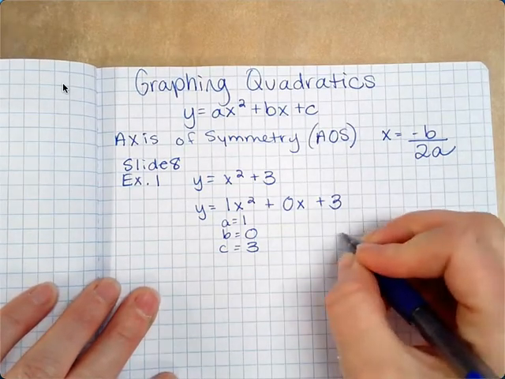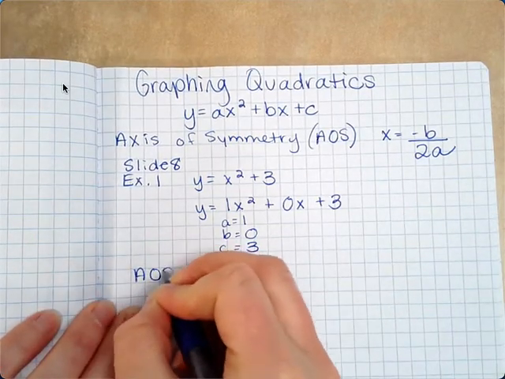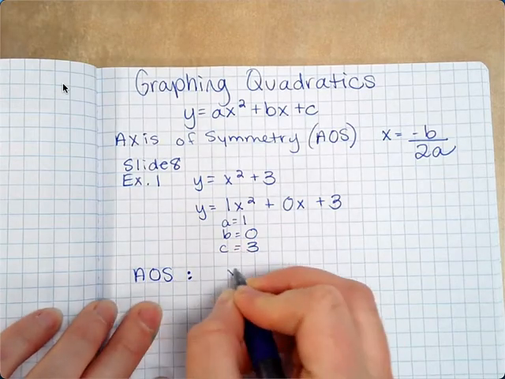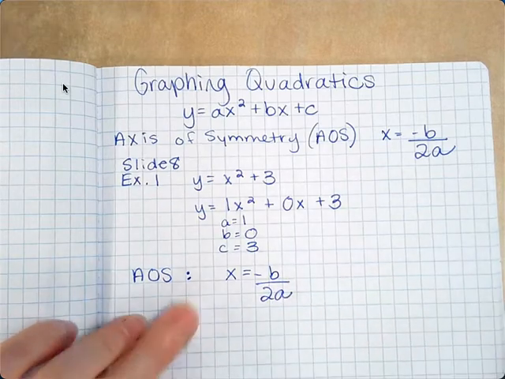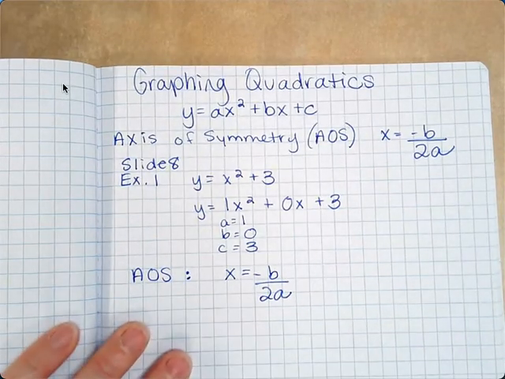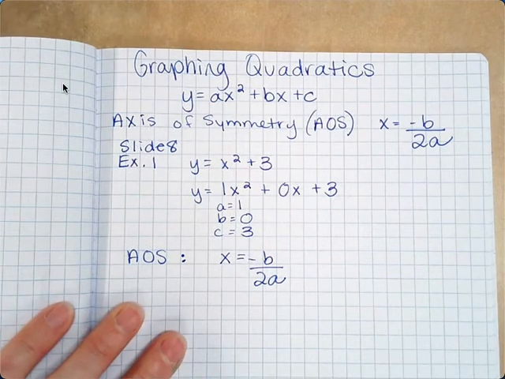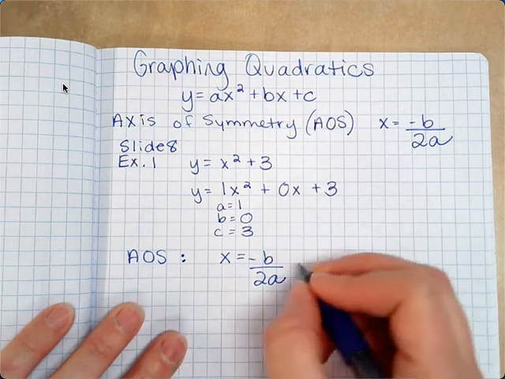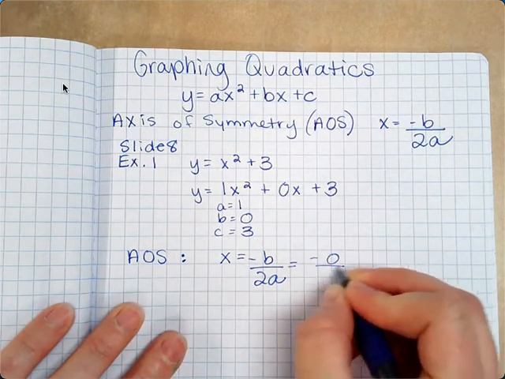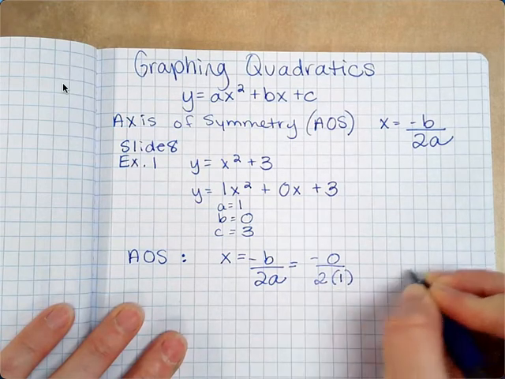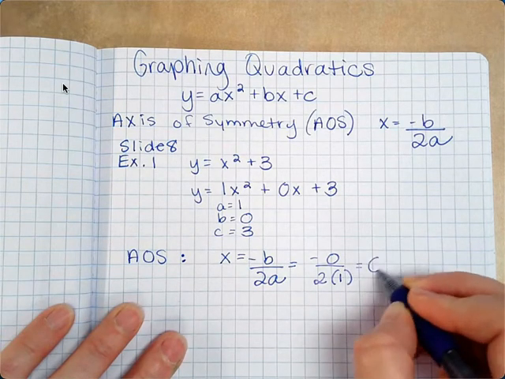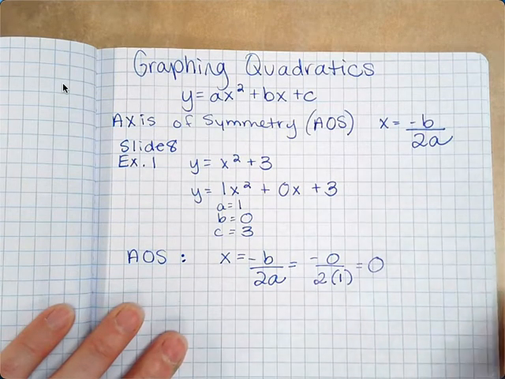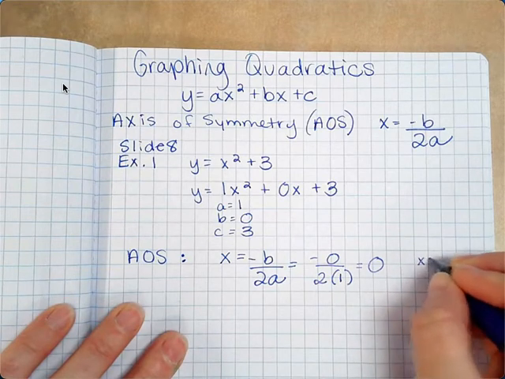So we can write our axis of symmetry, AOS, x equals negative b over 2a. I always write the formula first and then I plug in my numbers. So this would be x equals negative 0 over 2 times 1, which just equals 0. So our axis of symmetry is x equals 0.